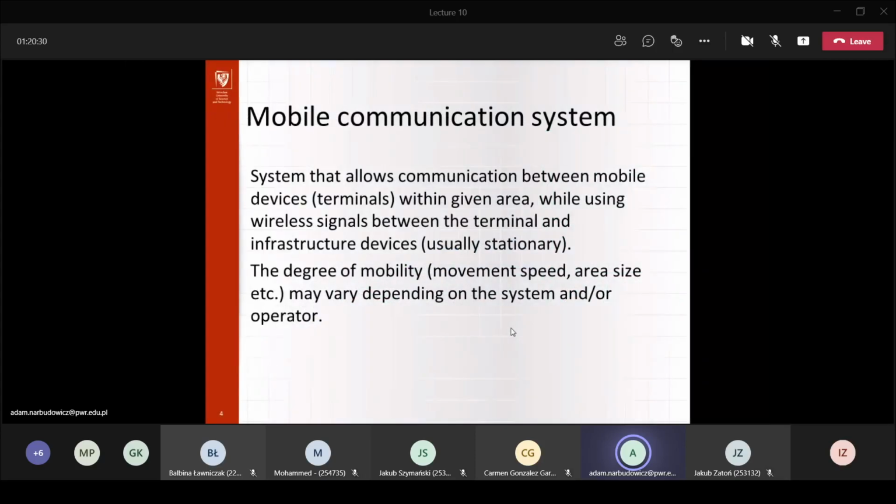So we're talking about a mobile communication system. That's a system which allows communication between mobile devices. They are called terminals. So for example, your phone in that regard is a terminal. They operate within a given area, use radio or wireless signal, and they use what's called base stations, right?